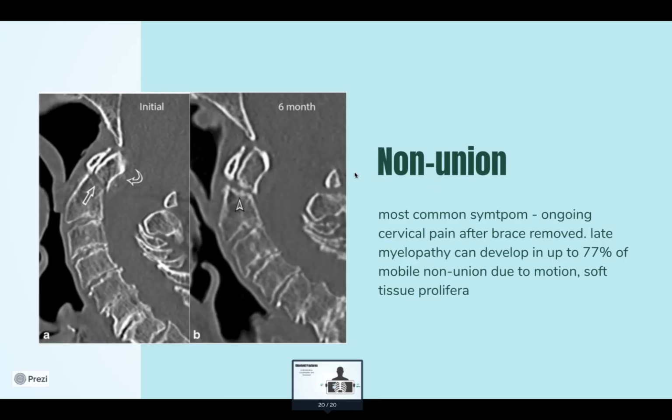The issue is that because it's a mobile piece and it has non-union and due to some motion as well, sometimes soft tissue starts proliferating around the actual region, it can then start to impact the spinal cord and cause myelopathy in even up to 77% of patients, where they can have progressive deterioration in their hand dexterity, their muscles, their walking, their gait deterioration, and then it can impact bowel and bladder symptoms as well.